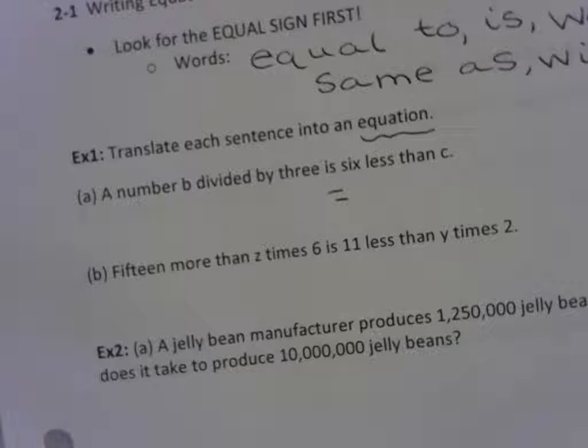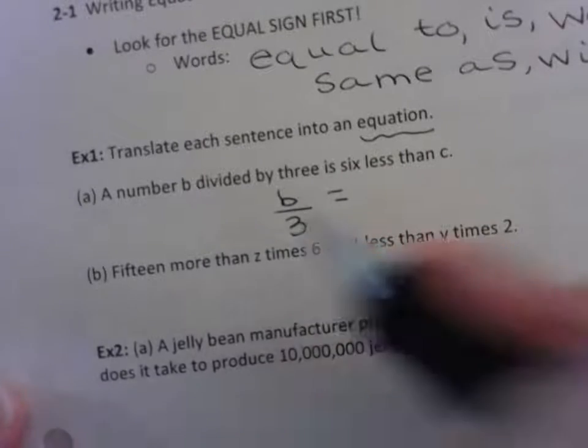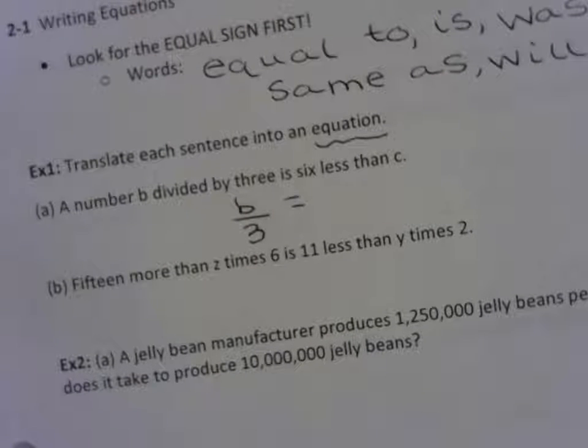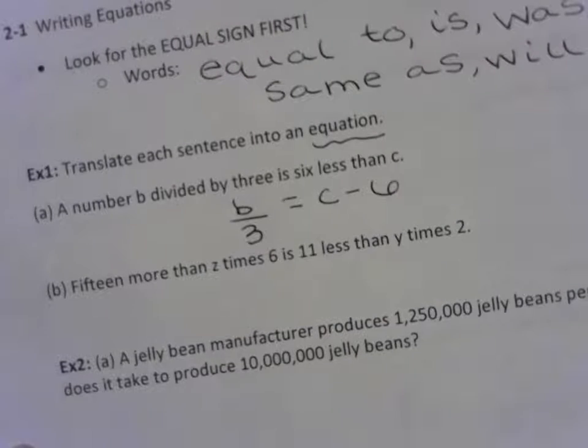How do I represent that in an equation? B over 3, fraction, yep. A number b divided by 3 is, b over 3 equals, how do I represent 6 less than c? C minus 6. Remember, less than is a tricky one. It flips it to the back. So 6 less than c is actually going to be c minus 6.